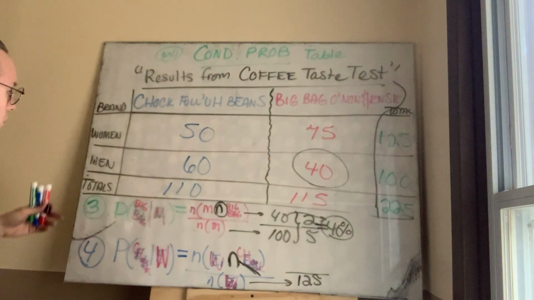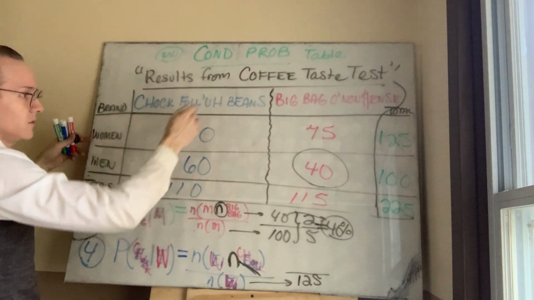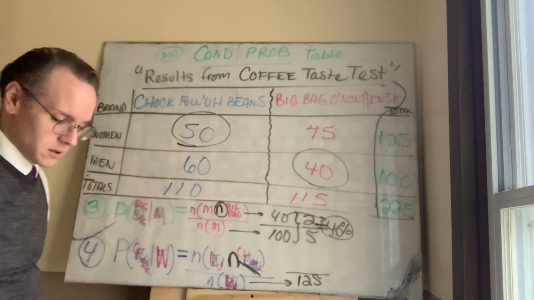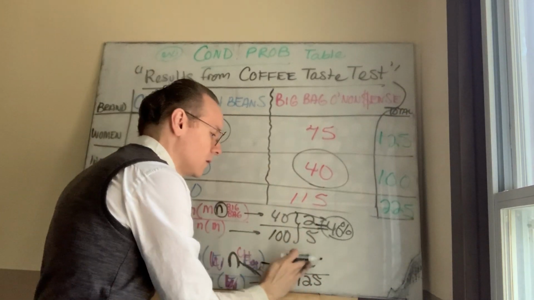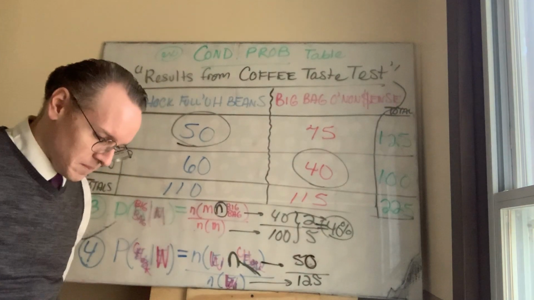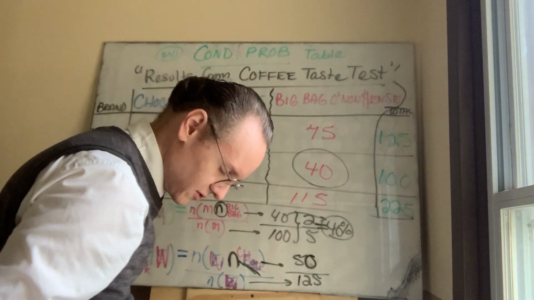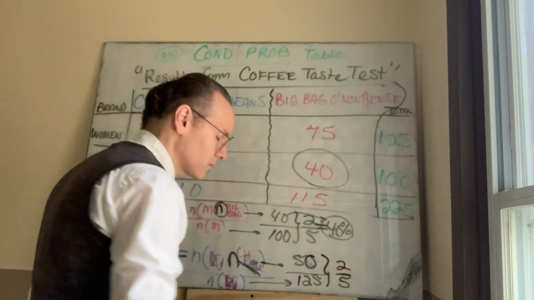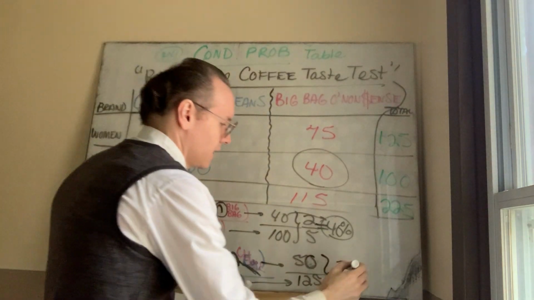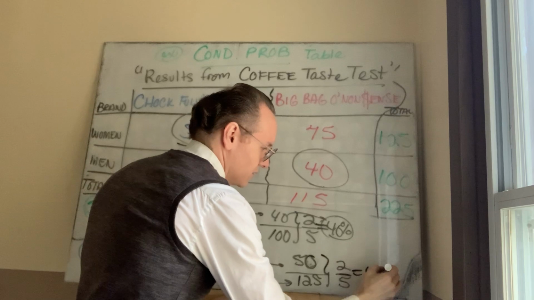Women who like chock full of beans, 50. That is the intersection as a number. If you simplify this fraction, it gets down to 2/5 again, which is exactly equal to 40%.